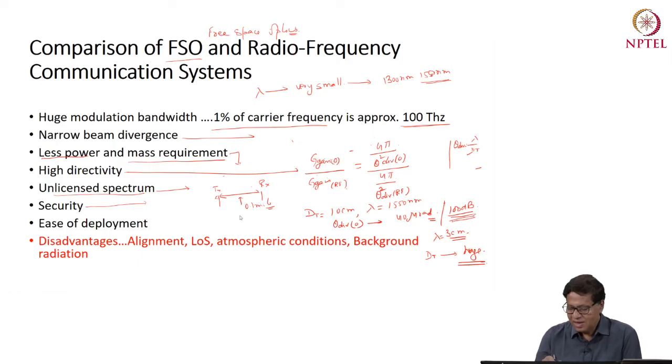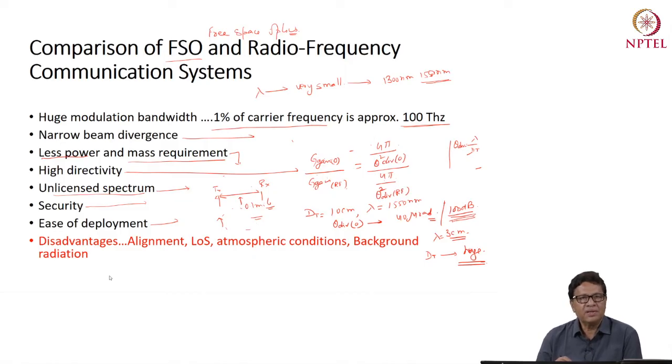Whereas in case of RF, as it spreads over a large area, one can tap the information from a large distance. So in a way, it is more secure transmission as compared to RF.